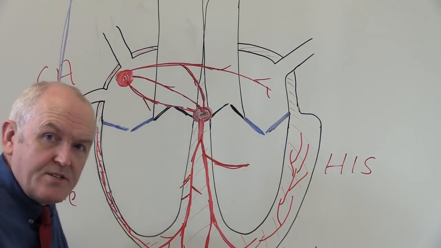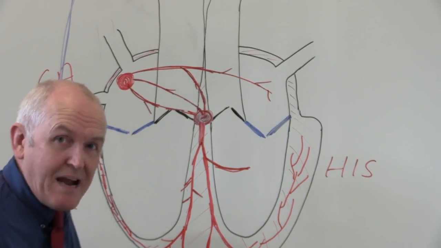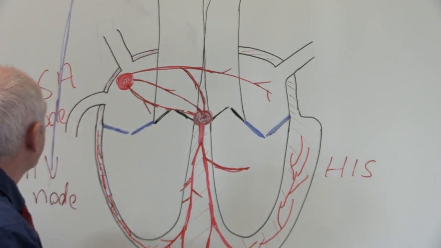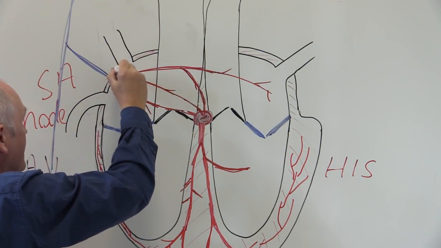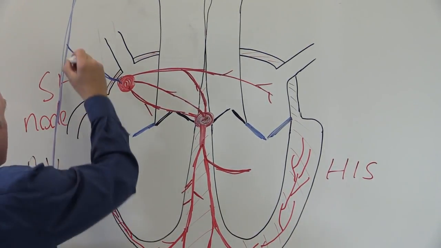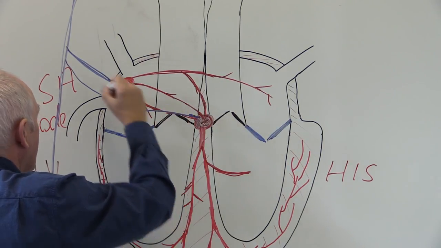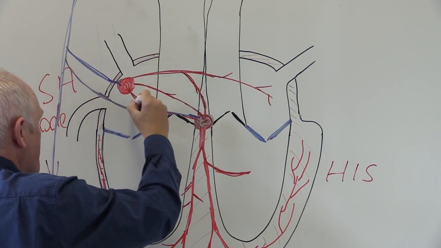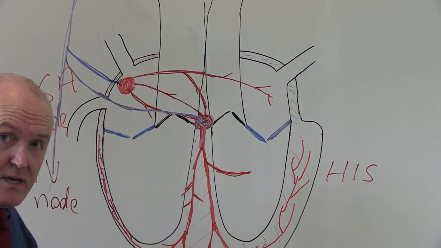The vagus nerve is the 10th cranial nerve. It's the main parasympathetic nerve in the body. And branches from the vagus nerve will go off to the sinoatrial node, and branches from the vagus nerve will also go off to the atrioventricular node.